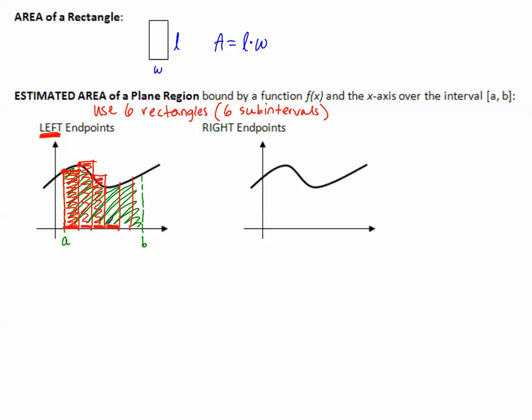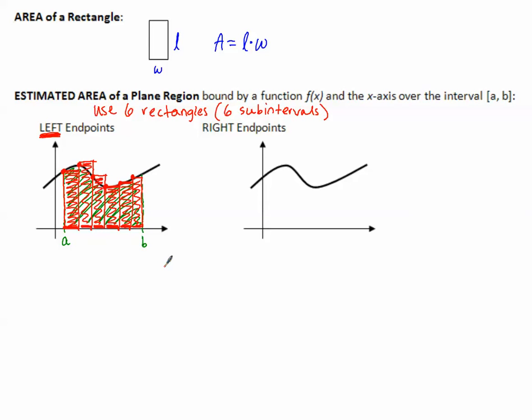Fourth subinterval, go to the left side, find the left endpoint. Fourth rectangle, fifth subinterval on the left side, up to the curve, over, and sixth rectangle, go to the left side, up to the curve, and over, and down. So I've got my 6 rectangles using my left endpoints.